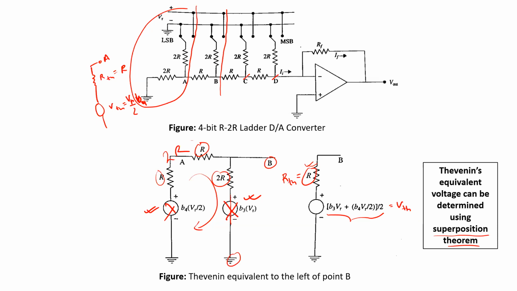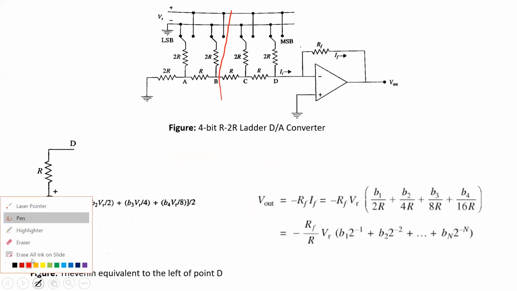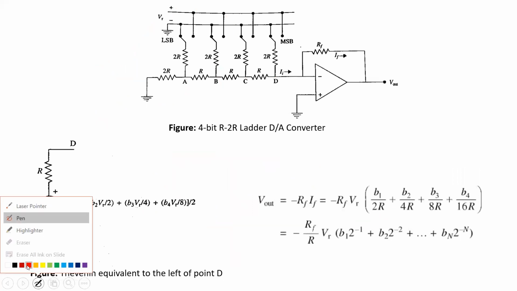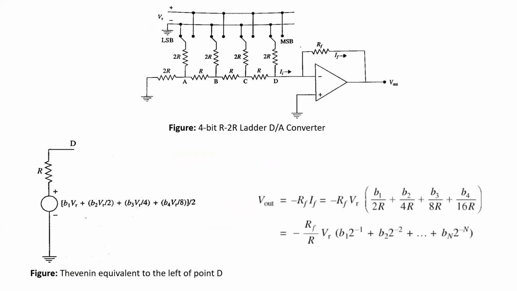So similarly, if we proceed up to node C, then node D, finally at node D, this would be our final equivalent Thevenin representation of this whole network. So the Thevenin resistance will remain equal to R, but the voltage is gradually going to change.